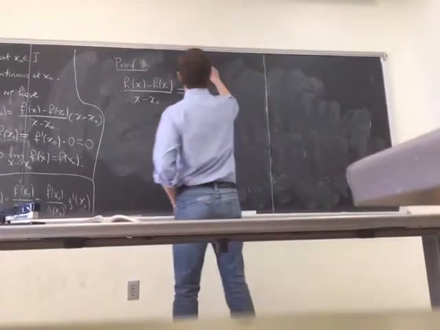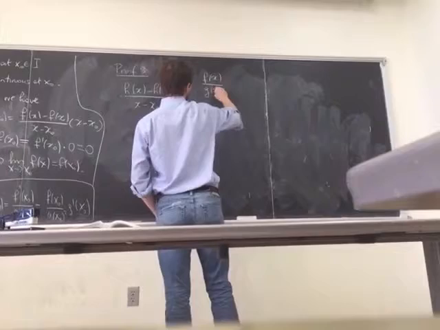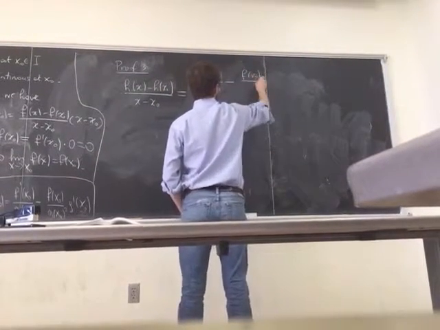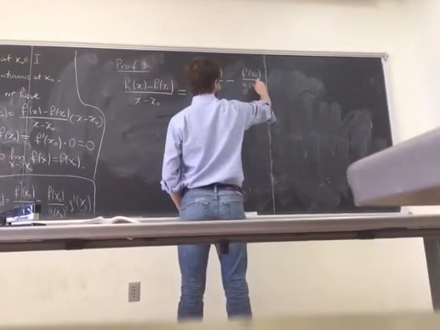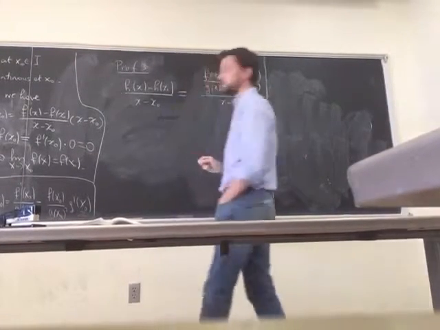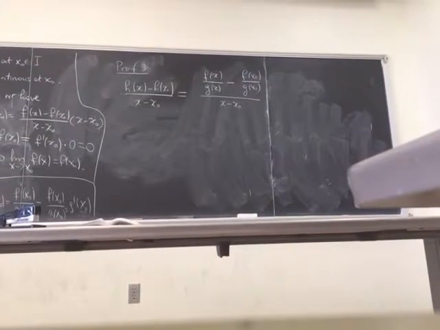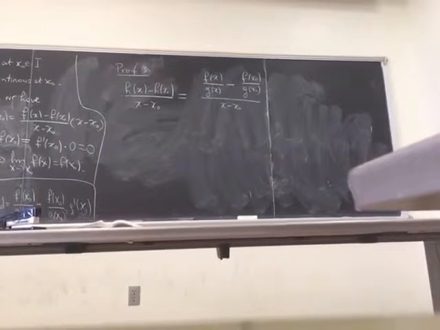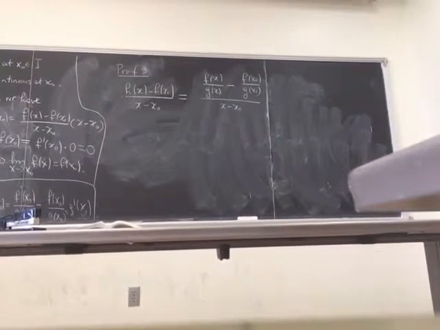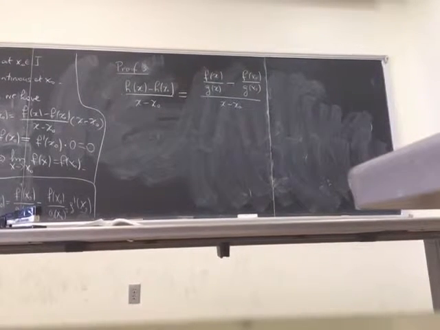So if you do that, we have f of x over g of x minus f of x naught over g of x naught, divided by x minus x naught. And, well, as usual, the idea is just to give yourself a chance to see the incremental ratios popping up, right? So what are you going to do?